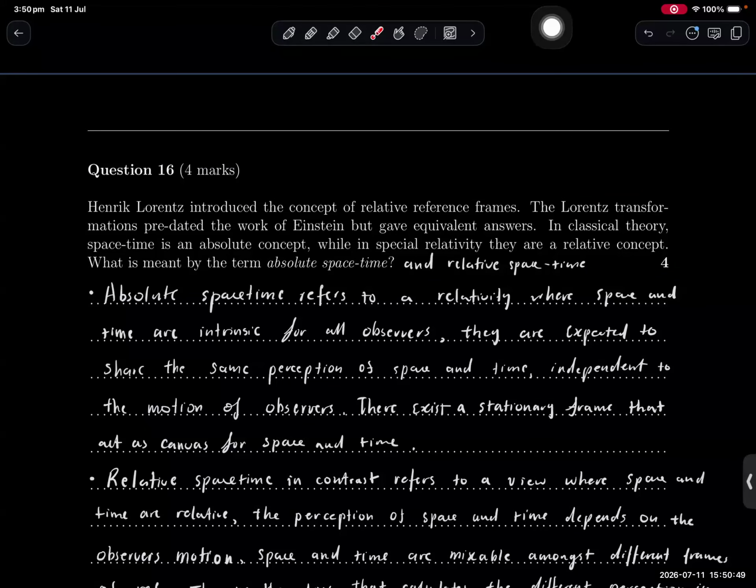Lorentz introduced the concept of relative frames of reference. The Lorentz transformation predated the work of Einstein but gave equivalent answers. In classical theory, space and time are observed as absolute concepts, while in special relativity, they are relative concepts. What does it mean by the term absolute and relative space-time?